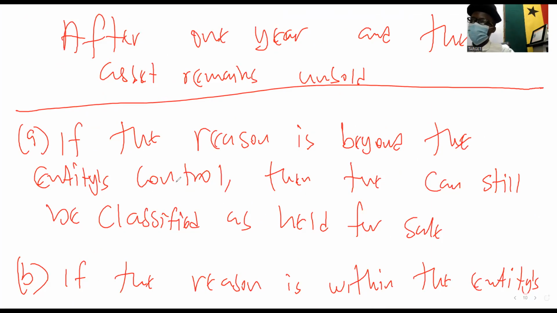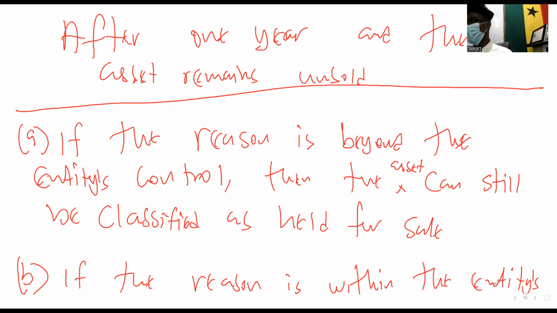After 1 year, take notice of this. After 1 year, if the assets remain unsold and the reason is beyond the entity's control, then the asset can still be classified as held for sale.